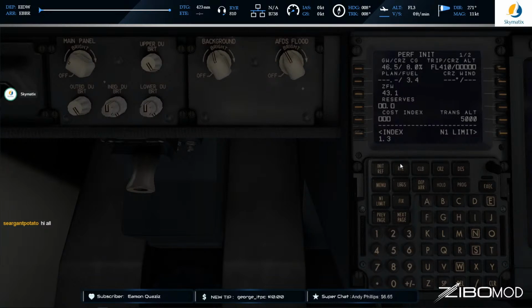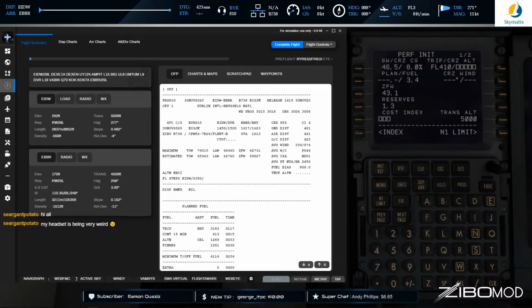Alright, 1.3 is good enough for us. Cost index. What's wrong with your headset? 3.5.